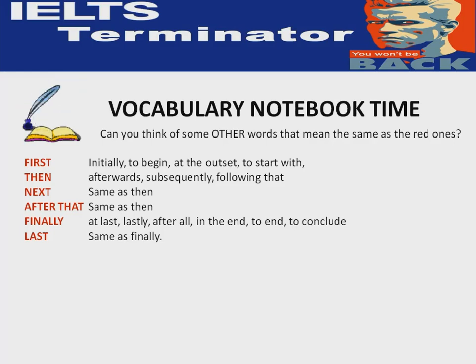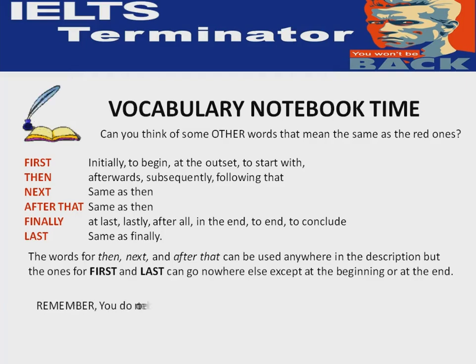Finally, we could say at last, lastly, after all, in the end, to conclude. And of course, last means the same. How did you do? There's probably more. Check it out.